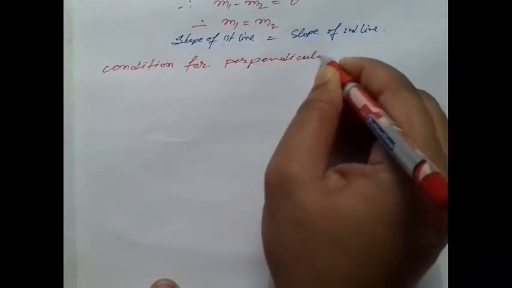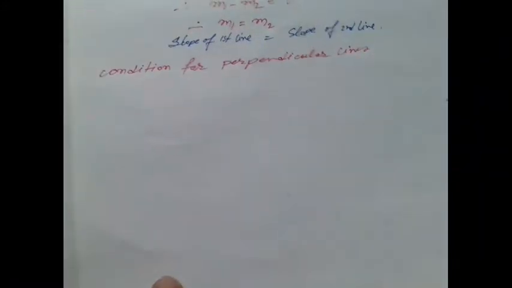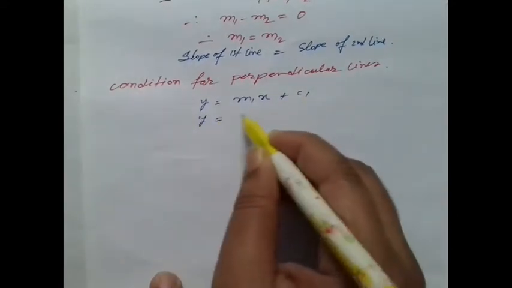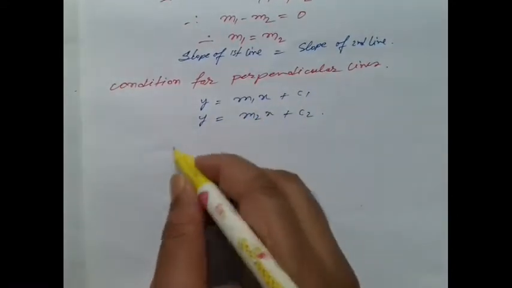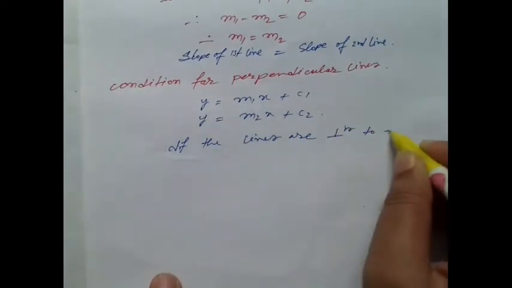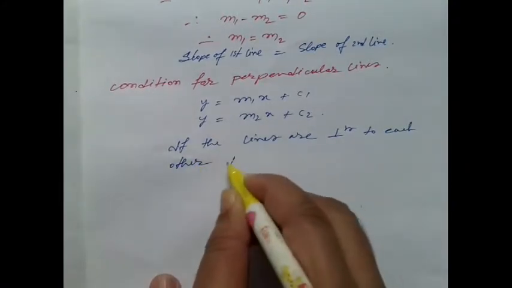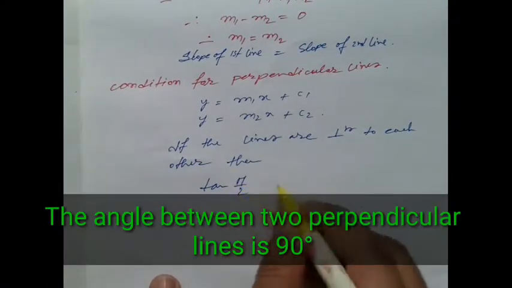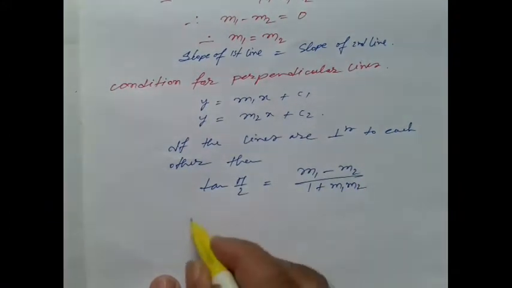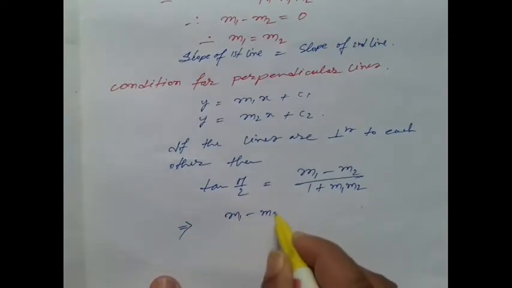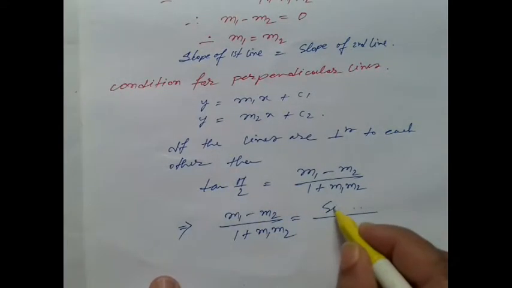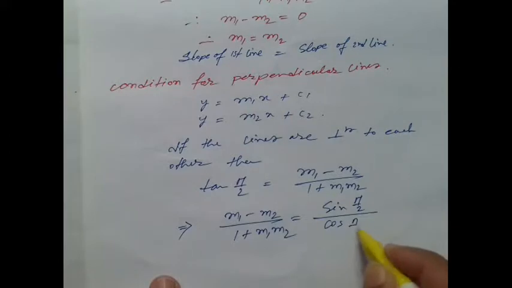Okay, if we consider y equals m1x plus c1 and y equals m2x plus c2, if the lines are perpendicular to each other, then tan 90 equals (m1 minus m2) by (1 plus m1 m2), implying (m1 minus m2) by (1 plus m1 m2) equals, we can write, sin pi by 2 by cos pi by 2.